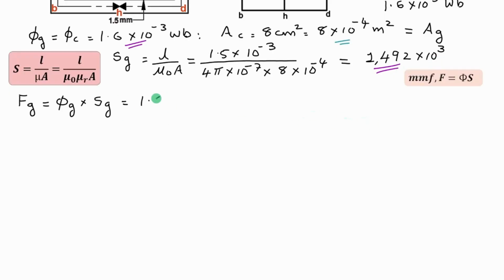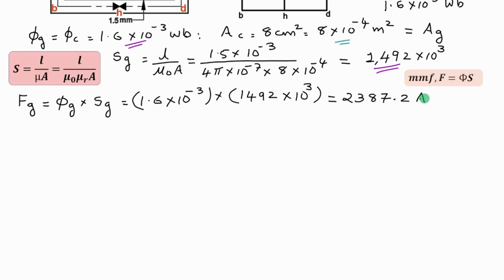So this becomes 1.6 into 10 raised to minus 3 into 1492 into 10 raised to 3. This is equal to 2387.2 ampere turns.